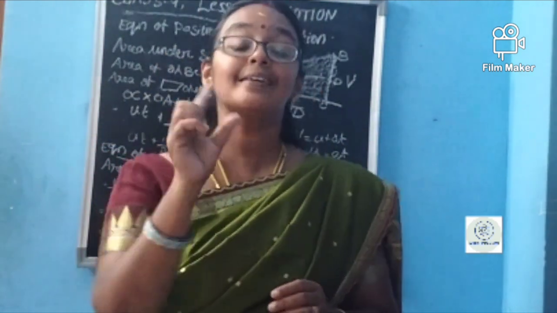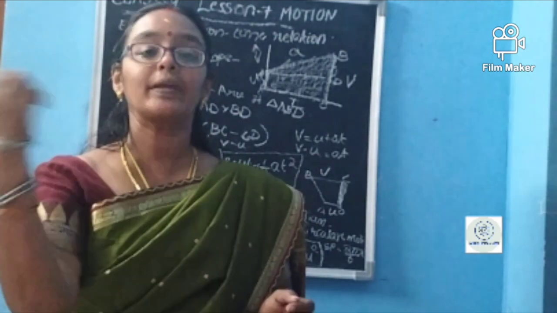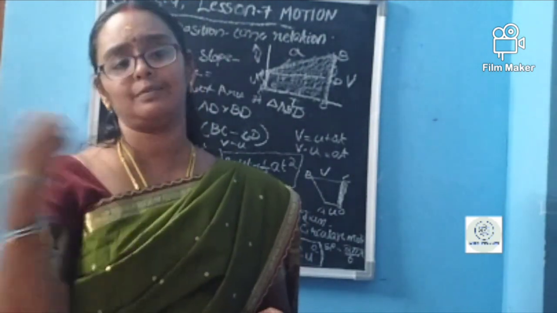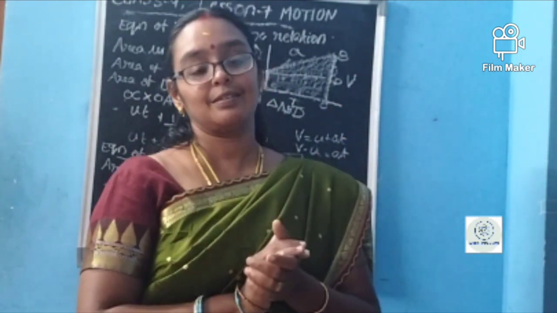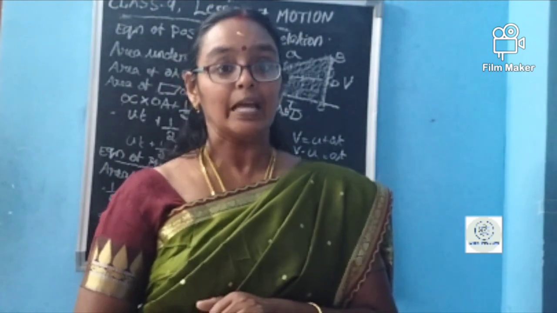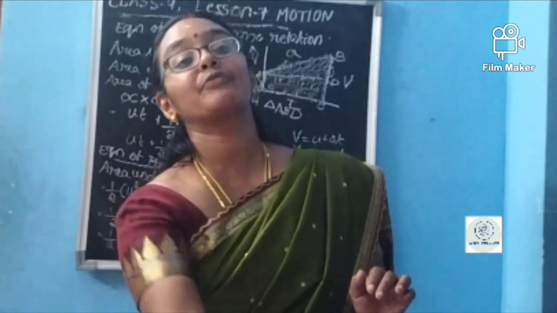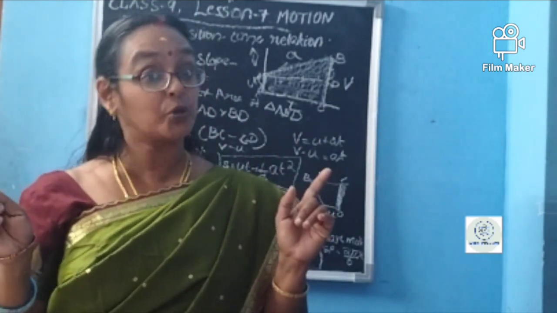Now we have a small part. That is, in circular motion, what will be the speed? If the object is moving in a circular motion, what will be the speed? What is the distance over here, Kanna? Distance will be the circumference of the circle. What is the circumference of the circle? 2 pi r. Do you remember?